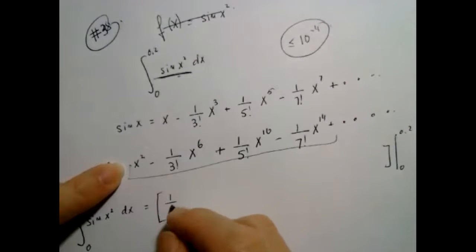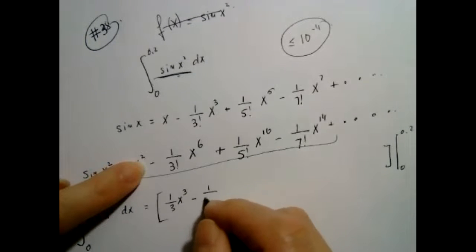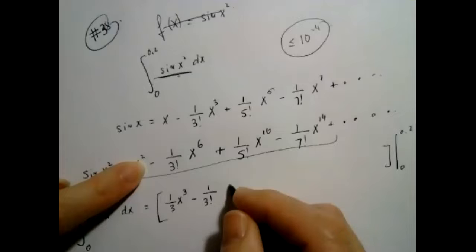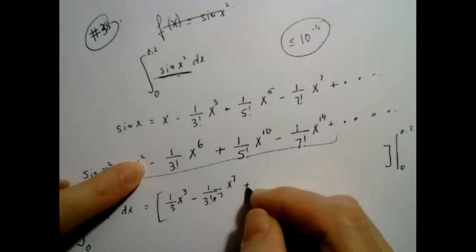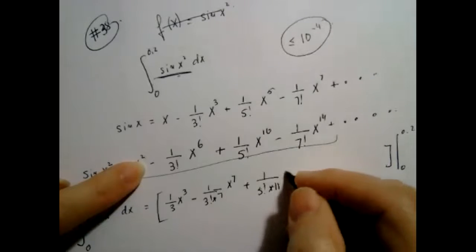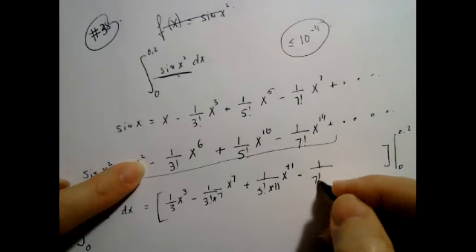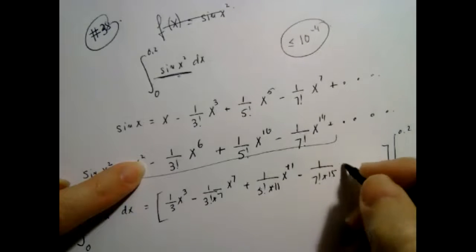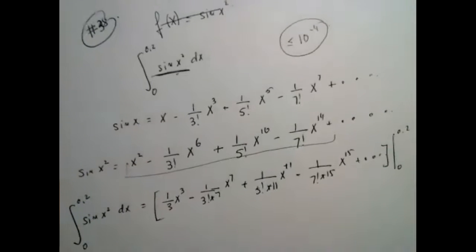So it's going to give me 1/3 x cubed minus 1 over 3 factorial x to the 7 times 7 plus 1 over 5 factorial times 11, x to the 11, minus 1 over 7 factorial times 15, x to the power 15, and so on.